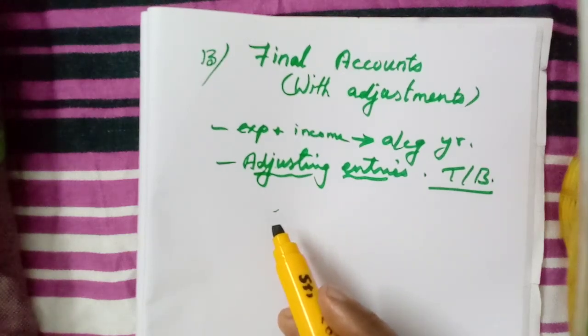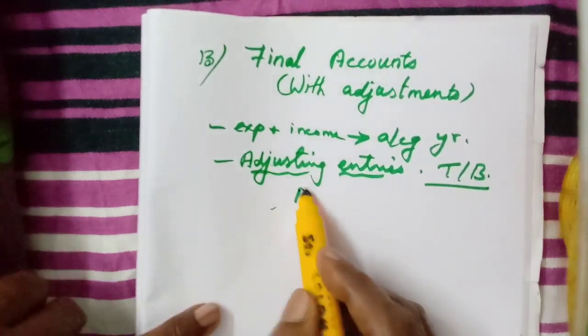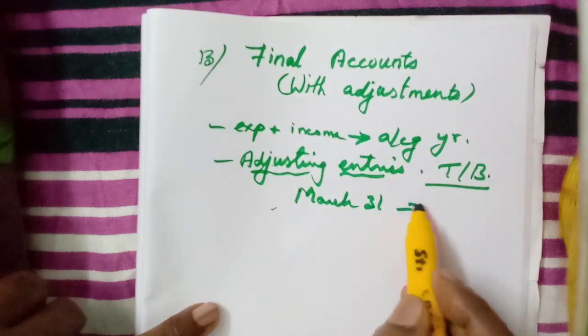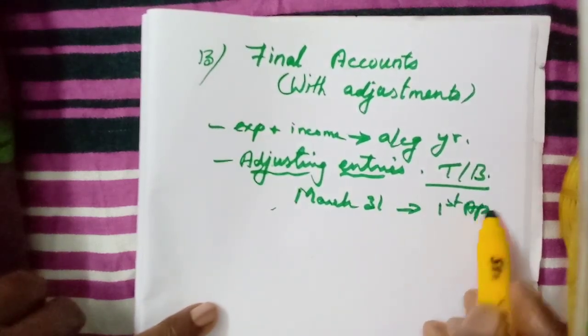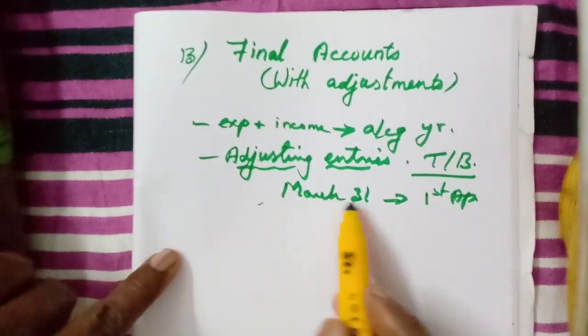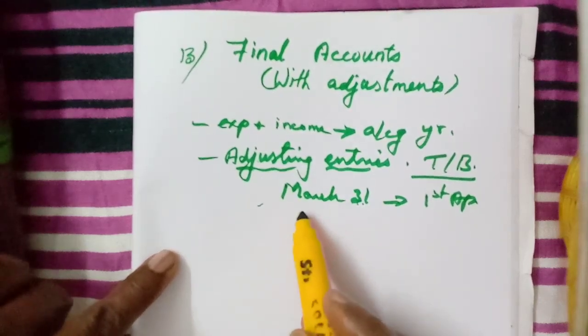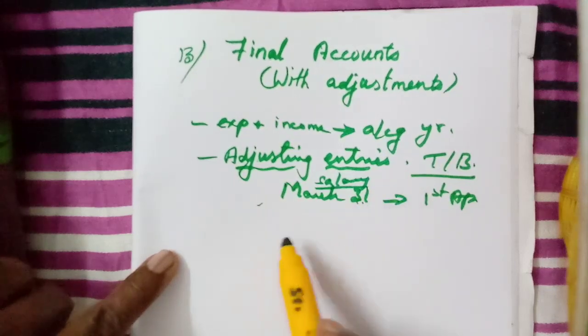If we close the accounts on March 31st, but the actual salary will be paid on 1st April, here the salary up to March 31st we have to include, because the salary of March must be included.